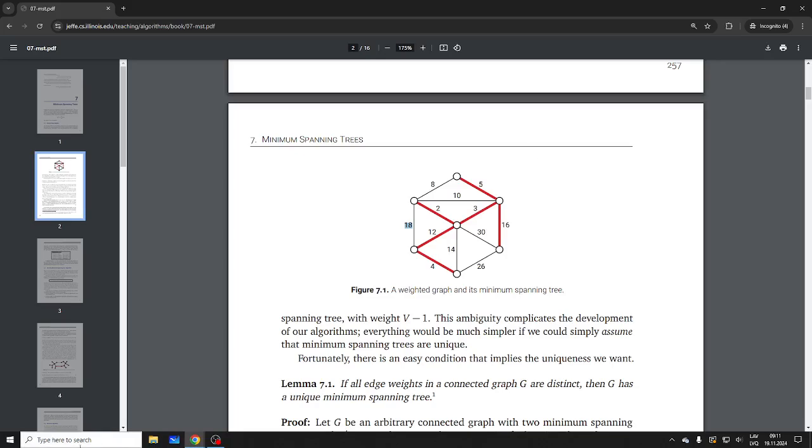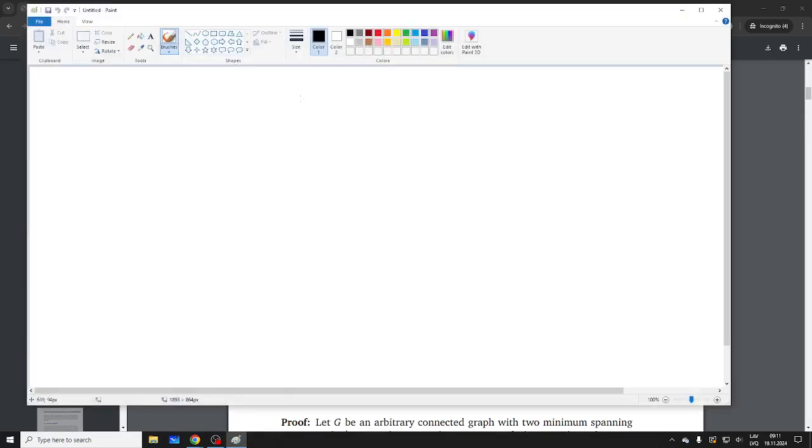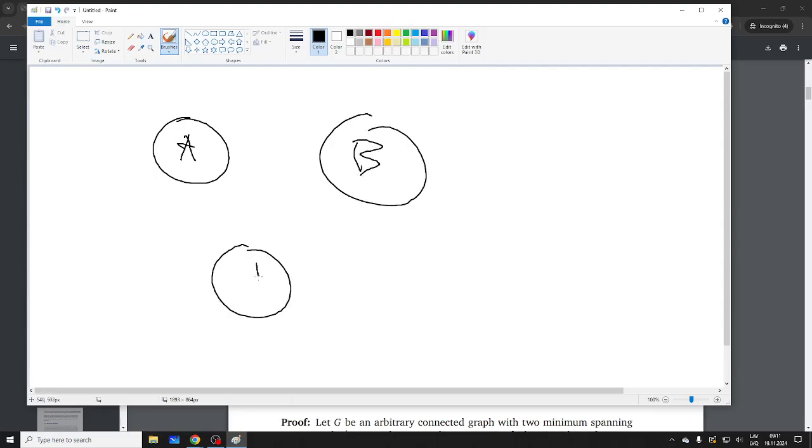Maybe I'll do some paint. All right, and I'll see if I can draw. I can see we've got our pen tabs, so I can draw it. I'll call it A, and we'll call this one B. We'll have C. I just want the excuse to draw. And we'll have E here.